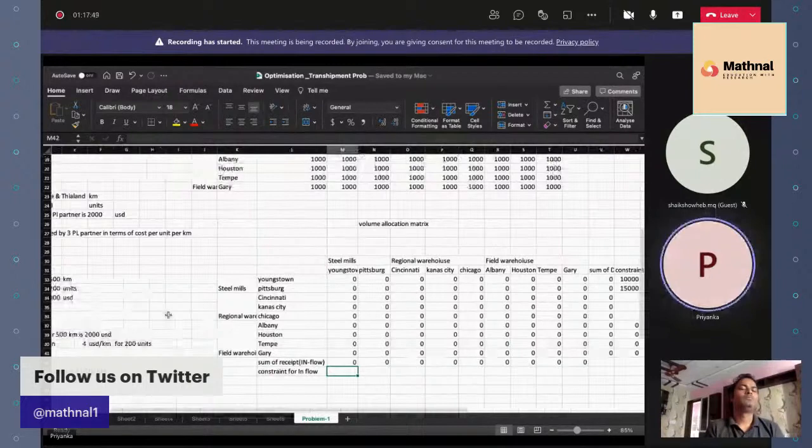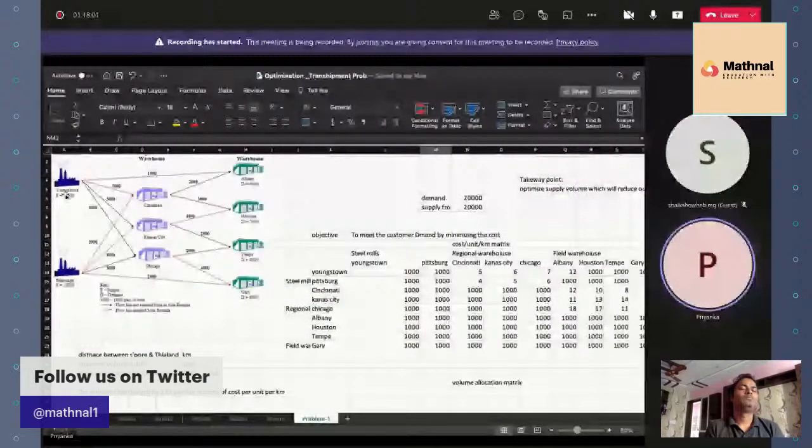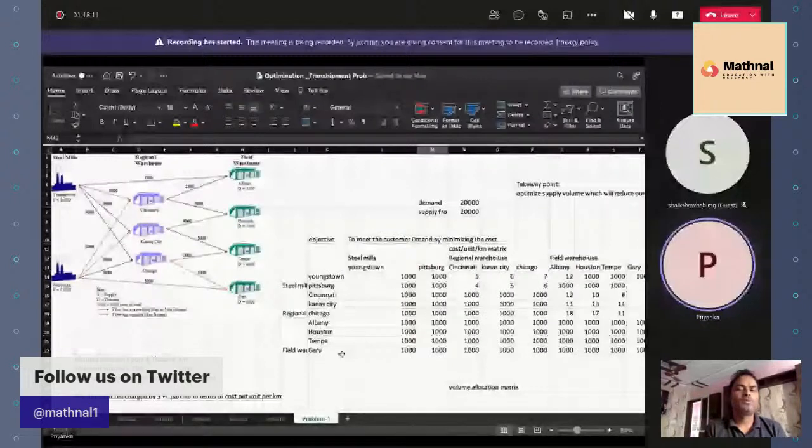Inflow is 0. And what is the inflow at Pittsburgh? Same, it is 0. Let's put those values there.